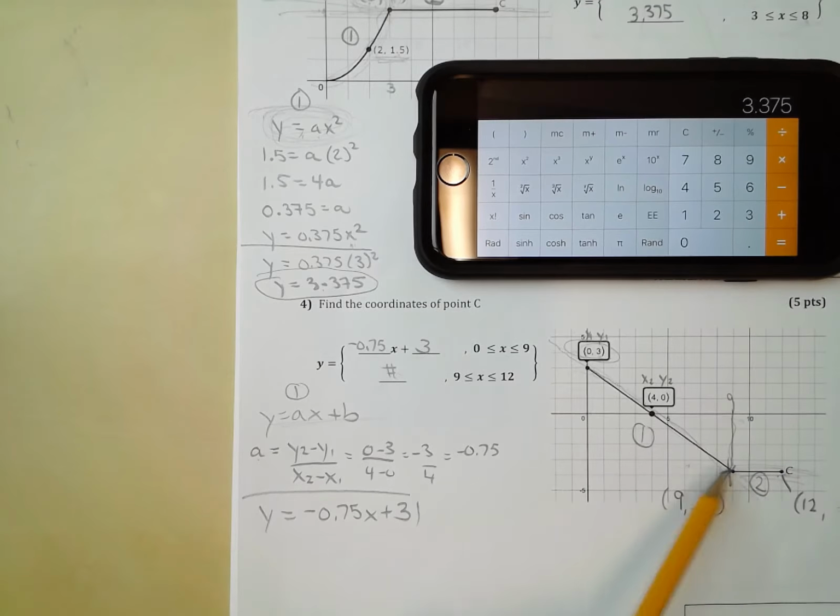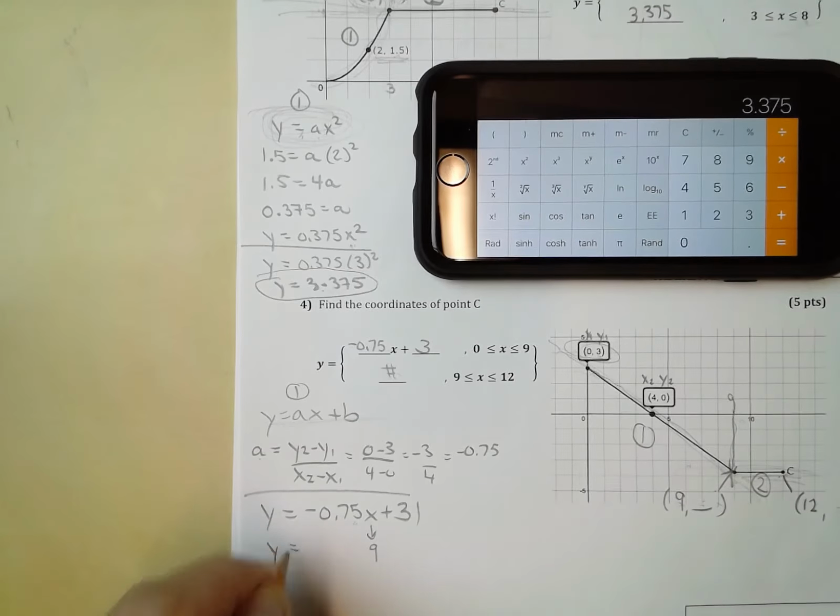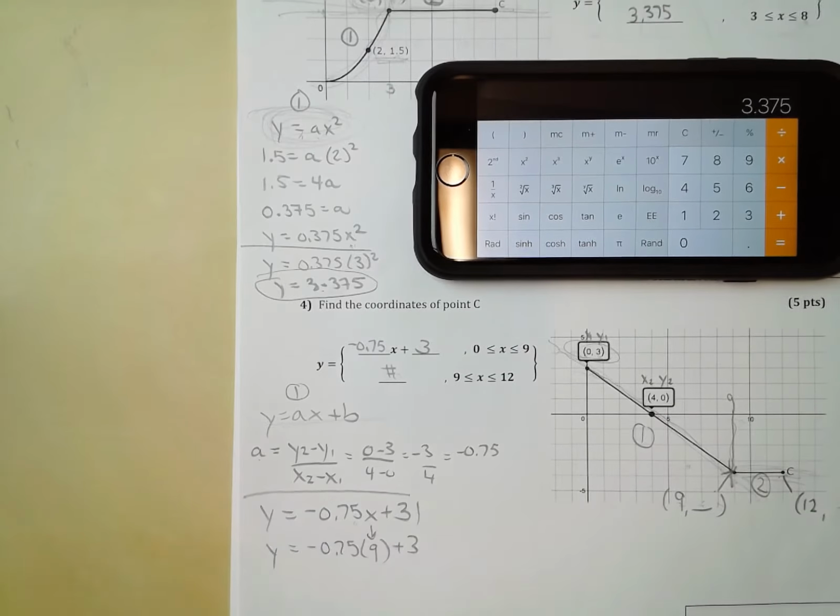And so we can use it, substitute that 9 into the rule of function 1 to get the corresponding y. Rule of function 1 is right here. That's why we bothered getting it. And we know the x is a 9. So y is equal to negative 0.75 times 9 plus 3.